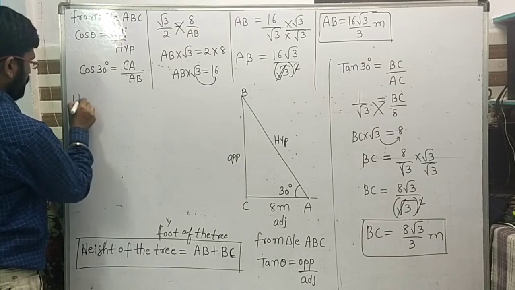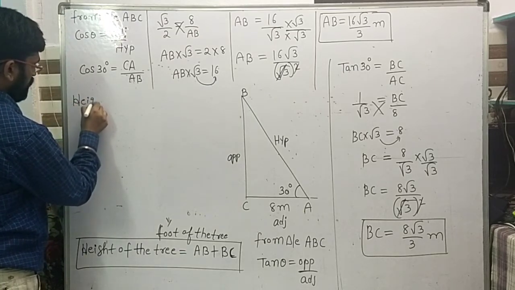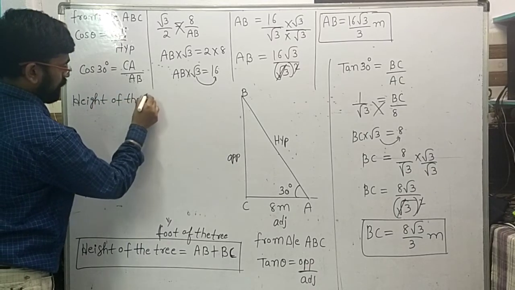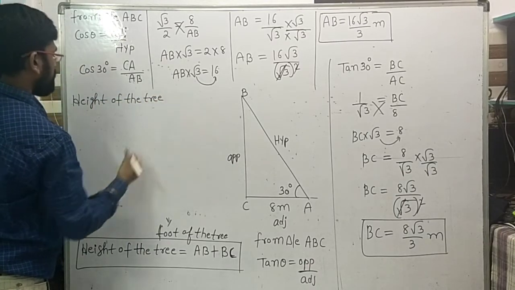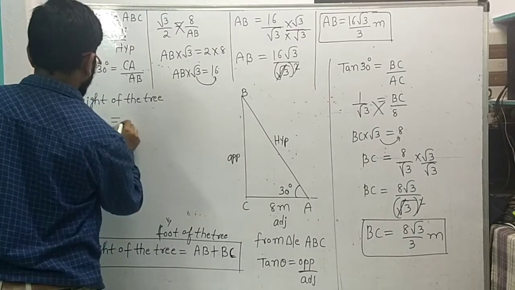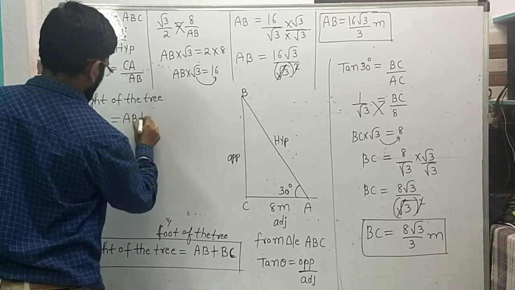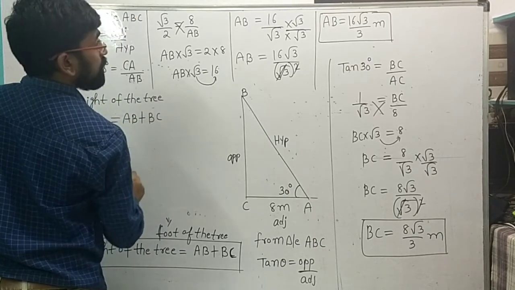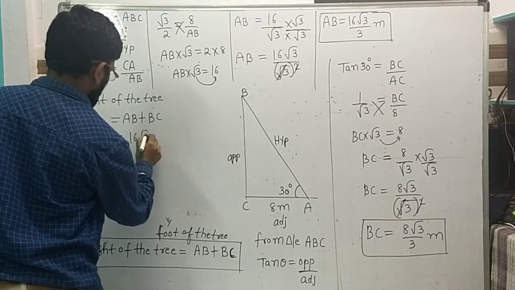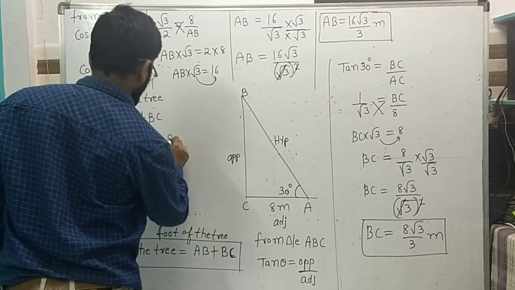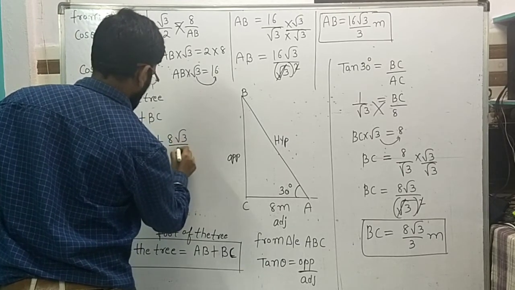Height of the tree equals AB plus BC. What is the AB value? 16 root 3 by 3 plus BC, which is 8 root 3 by 3.